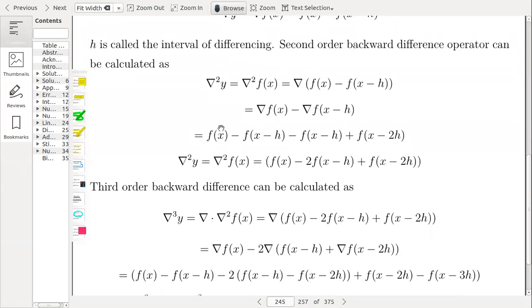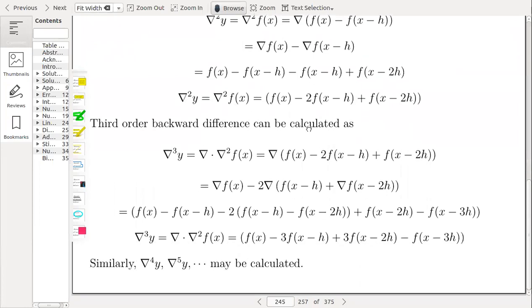This can be written as f of x minus f of x minus h minus f of x minus h plus f of x minus 2h. So nabla square f of x will be equal to f of x minus 2 f of x minus h plus f of x minus 2h.